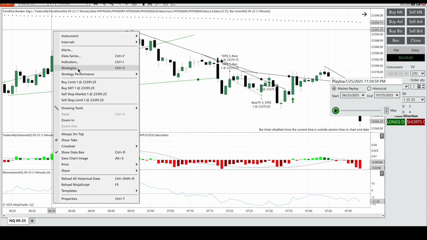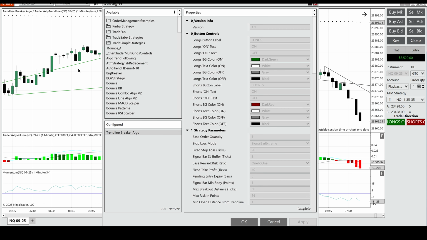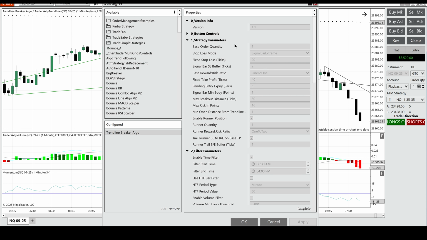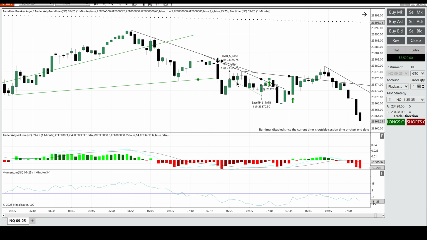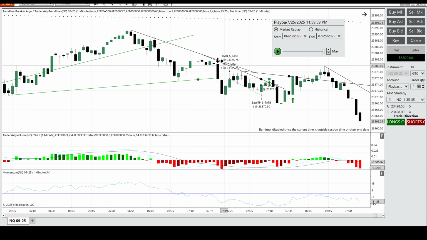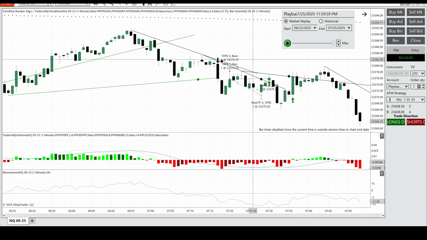One last thing that I've added is max risk in points, and I've set it to 16. That was probably 290 per trade. You could reduce it, maybe even to 11, because if you think about it, the good trades have risk of less than 16 points.